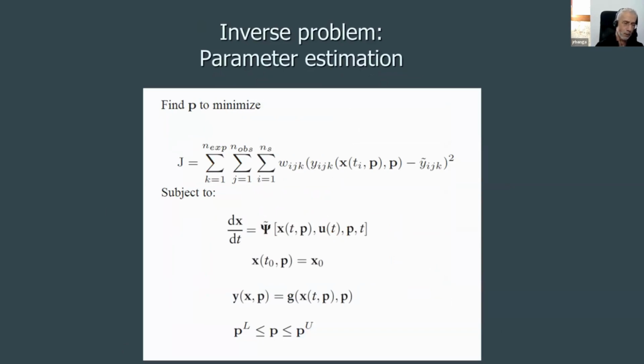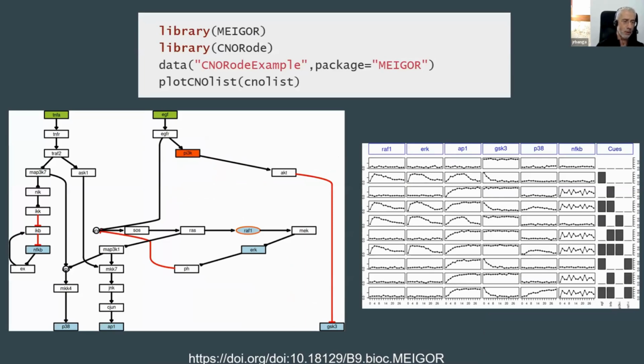We don't really have to go into very technical details here. But for example, if you take the R version of MEIGO, you can very easily load one of the examples that is devoted to parameter estimation. So you just load in R the MEIGO code, then you load this example.